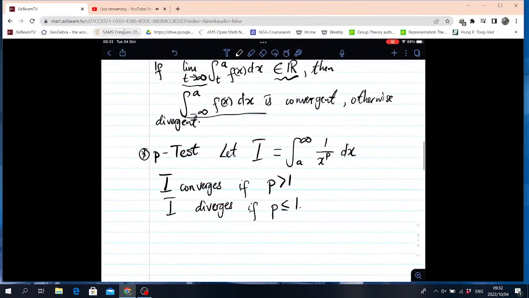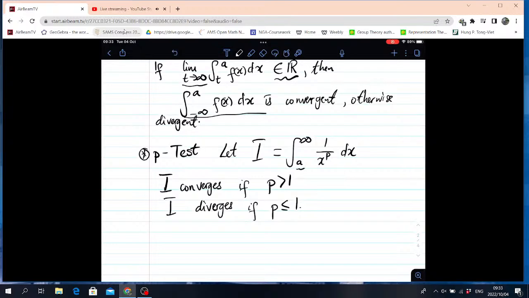Right, and then we also looked at the p-test, and we said if you've got an integral I, which is the integral from 1 to infinity of 1 over x to the p dx, then it is going to be convergent if p is greater than 1 and diverges if p is less than or equal to 1.